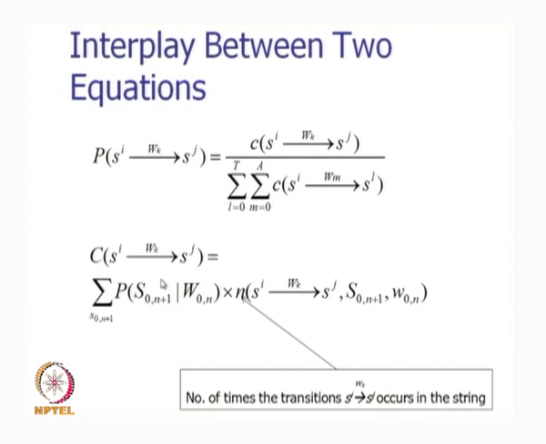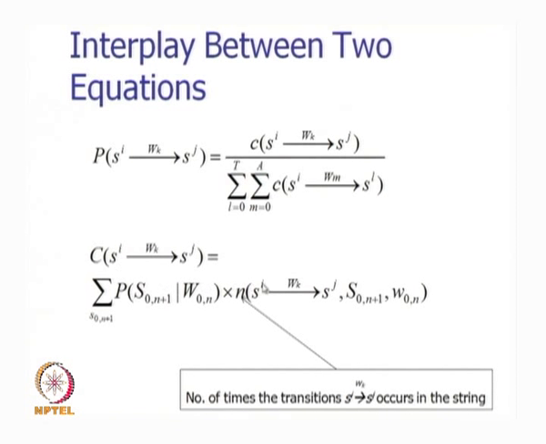This is a nice intuitive formula: the count multiplied by the probability value. The probability is found from the count, and the count is found from the probability value. So, the method starts by first assuming some probability values of these transitions.